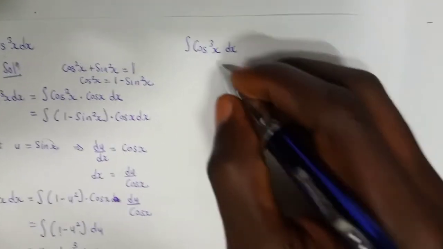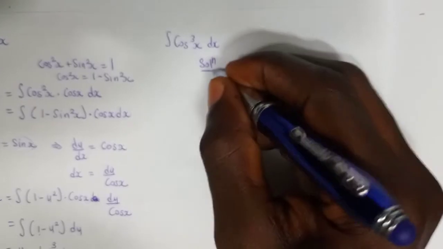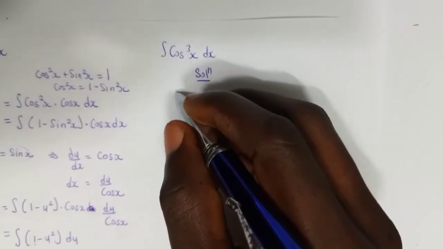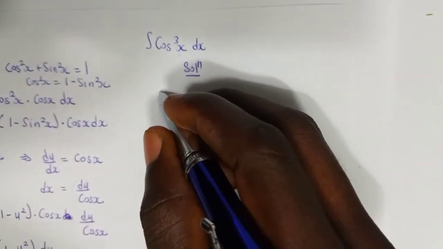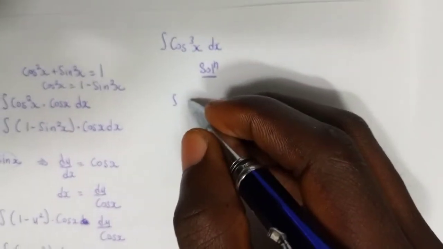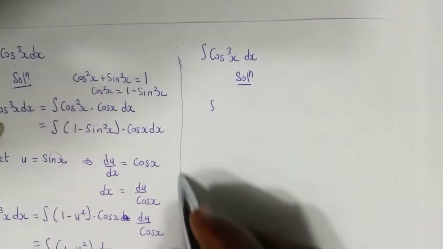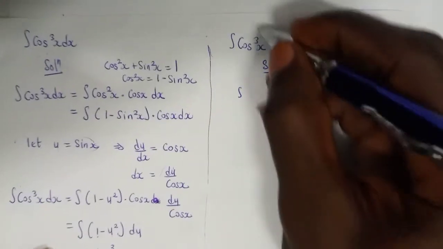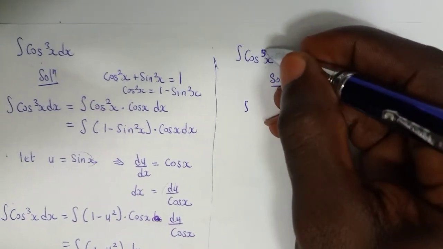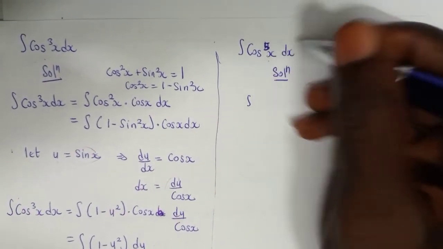Okay, let's solve this question too. Here we have cos exponent 5 x dx.